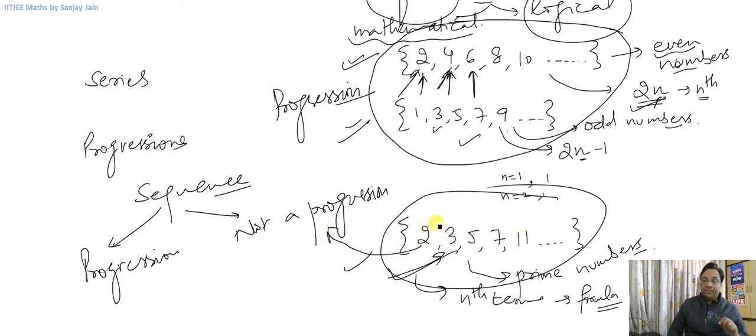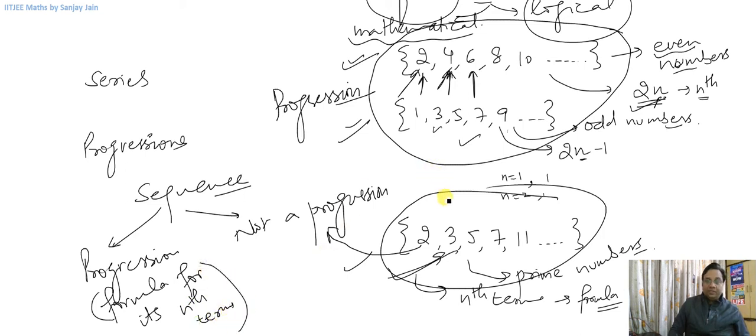What is the difference here? That I can write a formula for its nth term. But in case of these kind of sequences, I cannot write a formula for its nth term. So the progressions are special kind of sequences of which we have a formula for nth term.